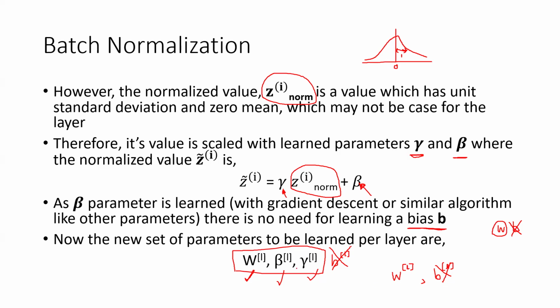So now we are learning WL, beta L, and gamma L for each of these layers. That is how the batch normalization happens.